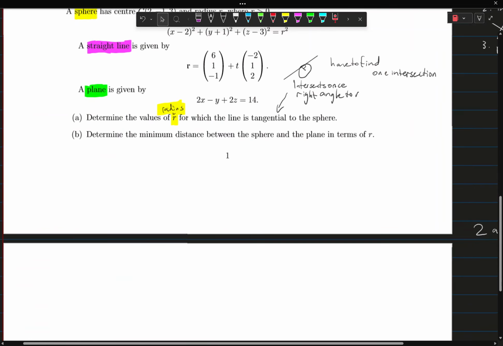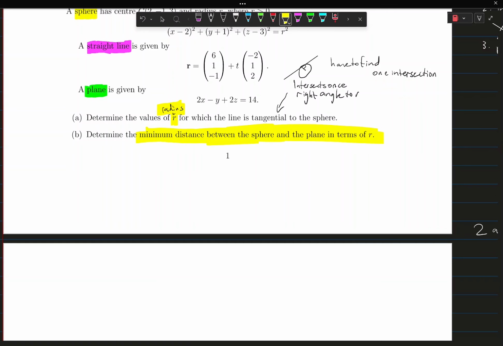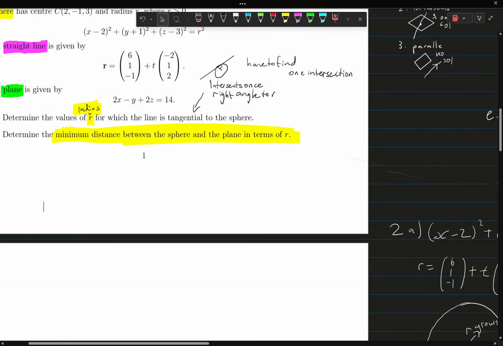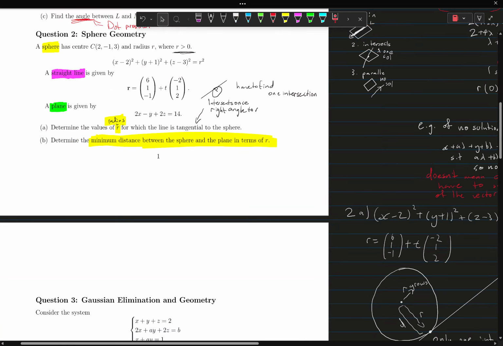The minimum distance between the sphere and the plane in terms of r. Now this is another point, distance between point and plane one.